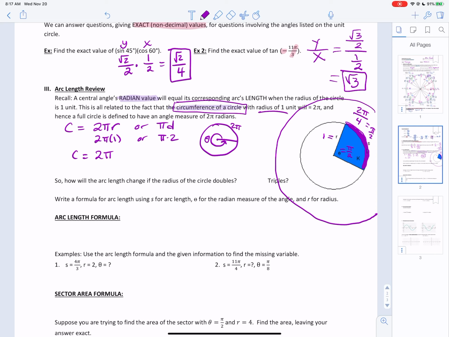If I double the radius, what would happen to the length of the arc? Hopefully you said it doubles. So if it doubles, then the arc length doubles. If the radius triples, then the arc length is going to triple.